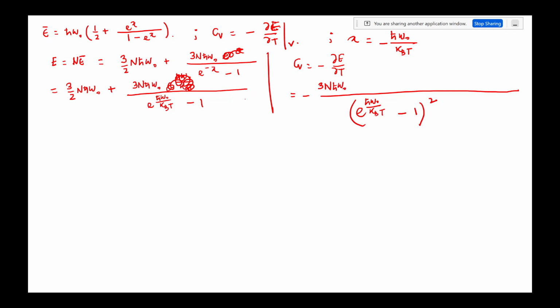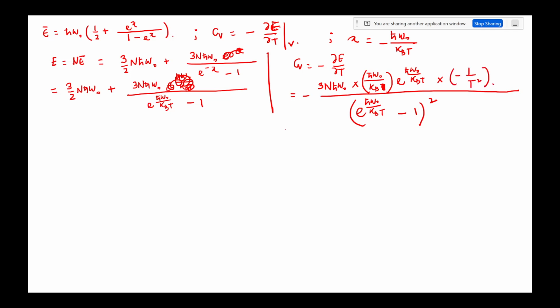Then this will be h cross omega naught by kBT, sorry, kB times e to the power h cross omega naught by kBT, and for 1 by T, this will be minus 1 by T squared.